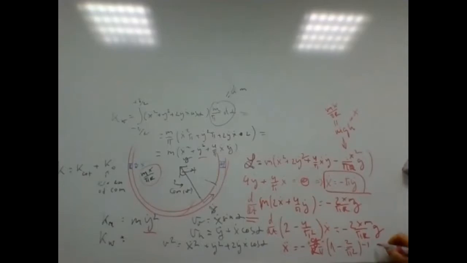What did you do here? I just take the derivative, x dot goes to x double dot, and I divide left-hand side and right-hand side by this thing here. That's all. Okay.